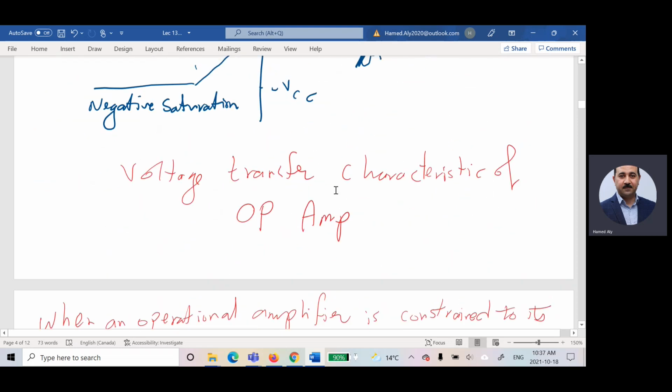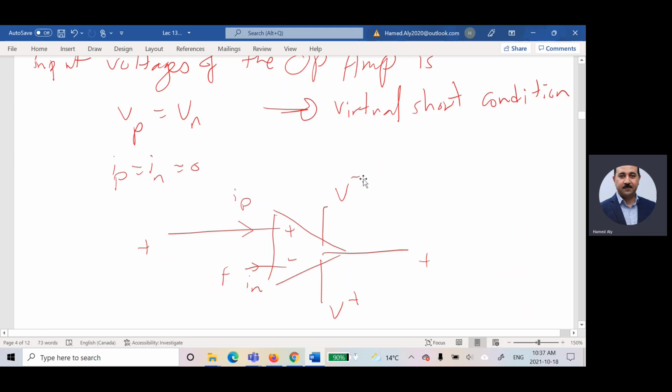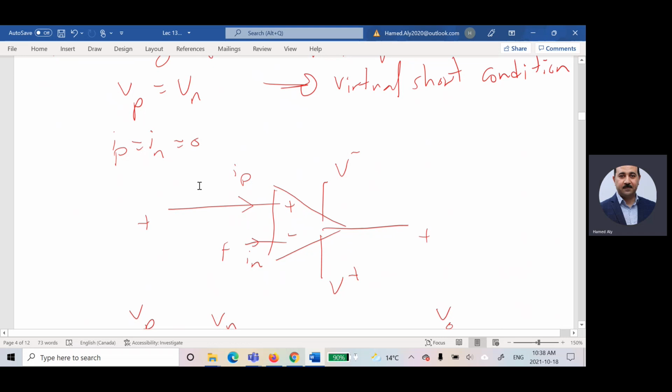In the previous class, I told you that we are dealing with the operational amplifier in the linear region, and we are depending on the virtual short condition, which means VP is equal to VN and IP is equal to IN is equal to 0. IP is the current into the positive input of the operational amplifier, and IN is the current into the negative input.